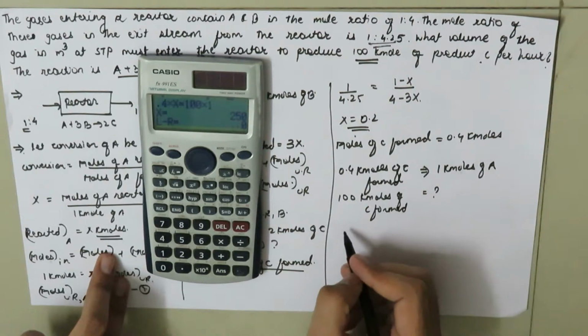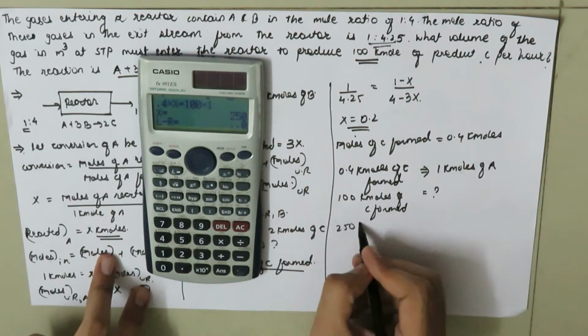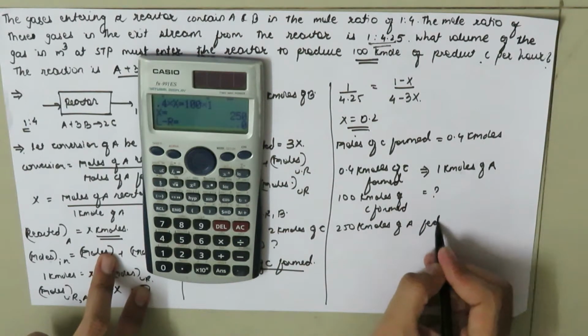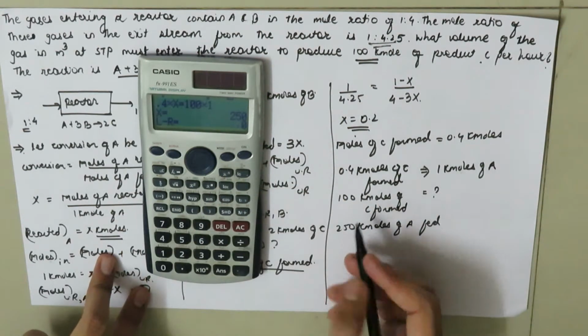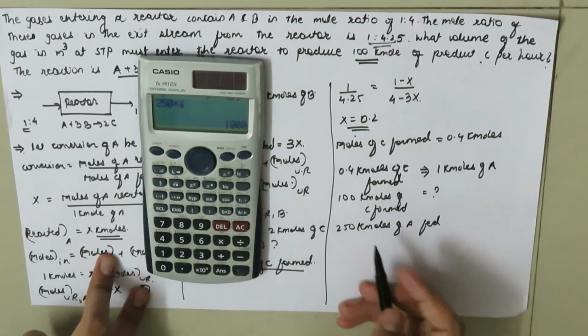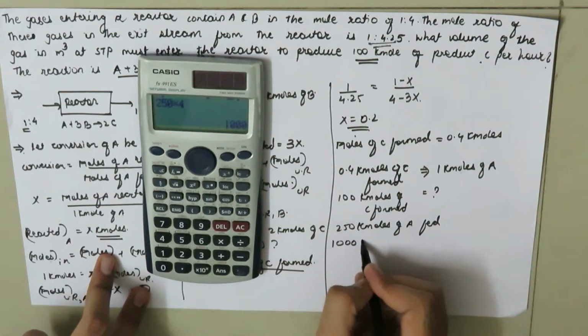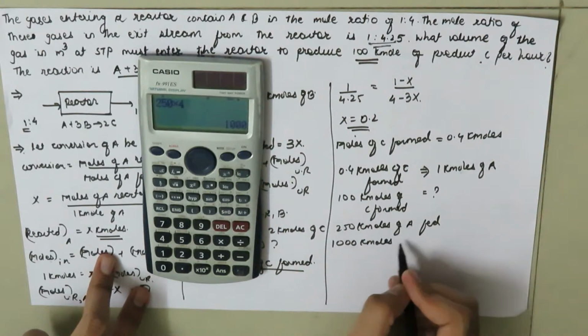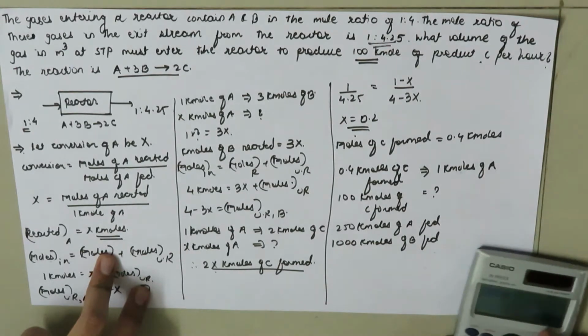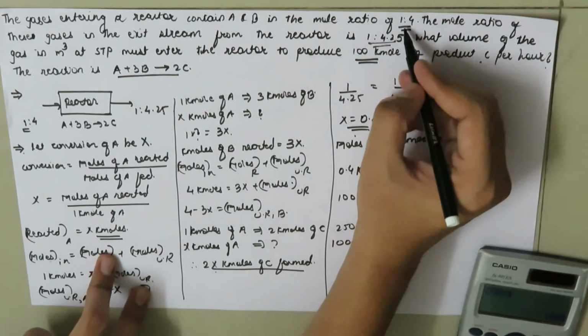So moles of A fed are 250 kmoles, and 250 times 4 will be the moles of B fed, so this will be 1000 kmoles of B fed, because here we have the feed in the proportion of 1 to 4.